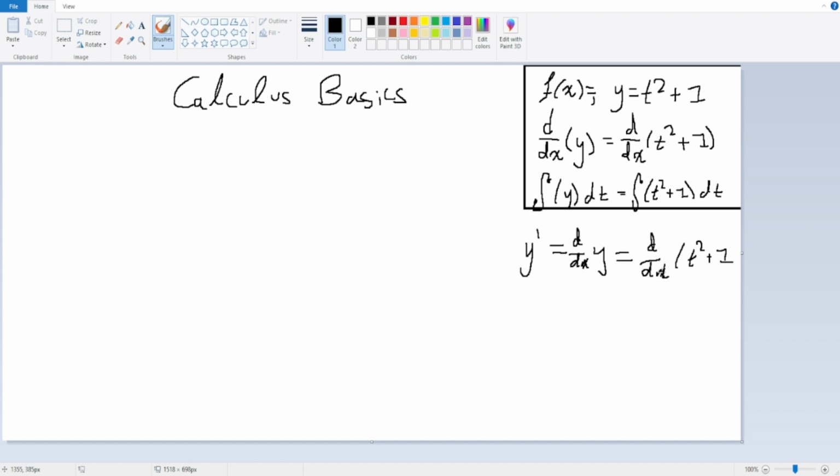And these should actually be t, because the parameter is t. Those are just some notations for how you might see derivatives. So let's say we have the function y equals t squared plus 1.